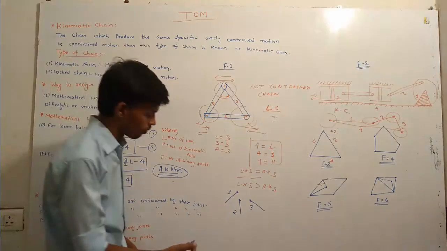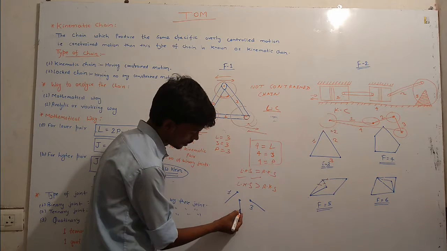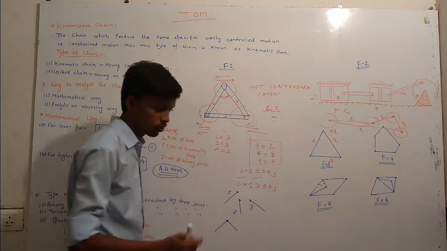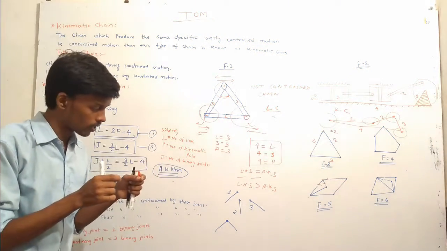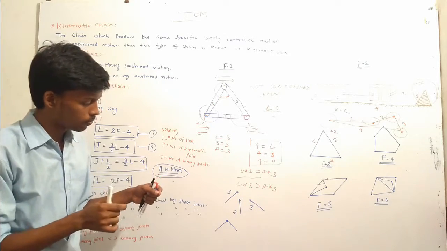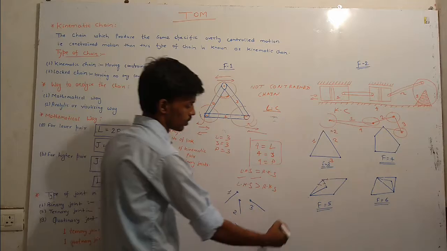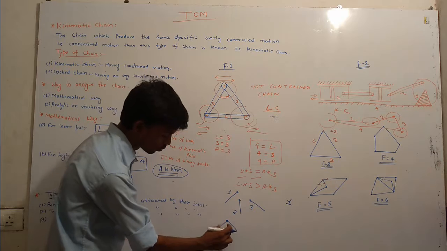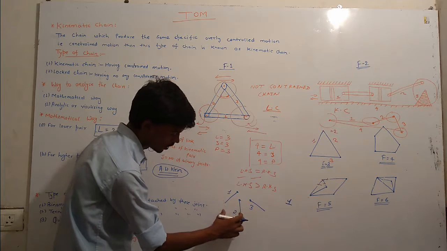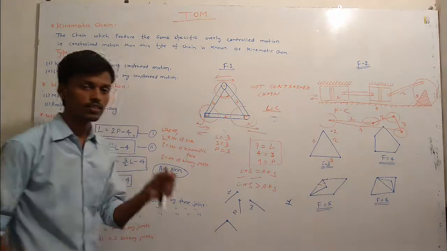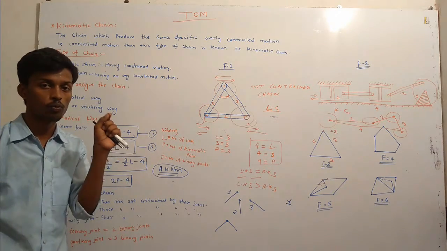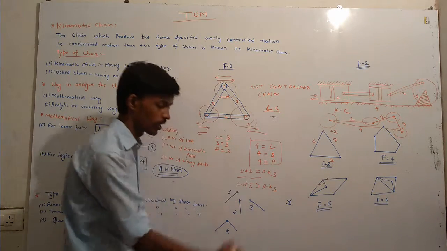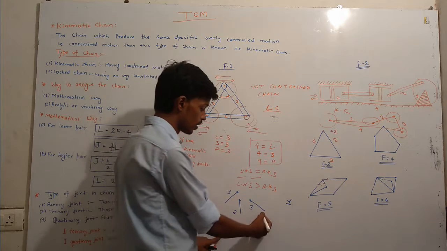So first of all, I attach link number one and link number two using one rivet. I use one binary joint to join these two links, and then link number one and link number two act as one link. We can treat it as one link. Let's suppose this is link number k, and we have to add link number 3 with link number k.